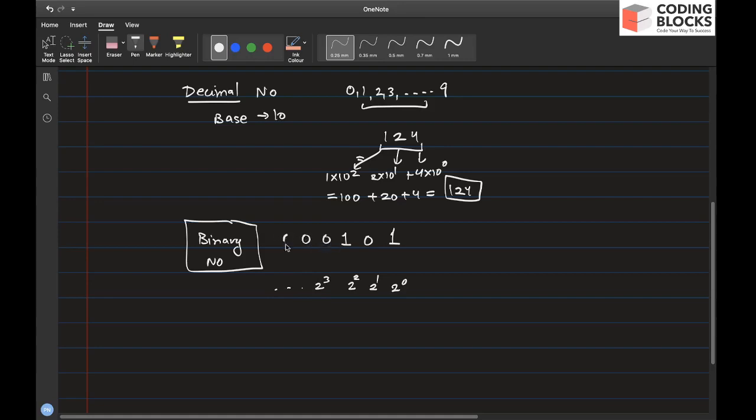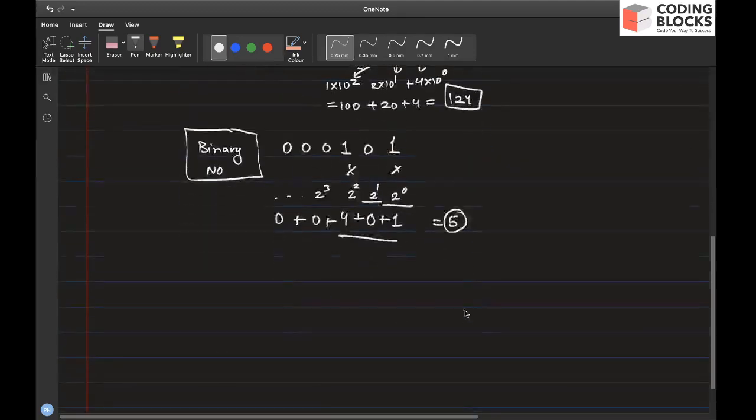If you multiply 1 with 2 raised to the power 0, you get 1. If you multiply 0 with 2 raised to the power 1, you get 0. If you multiply 1 with 2 square, that is 4. The rest everything will be 0. If you add these terms, you get 5.